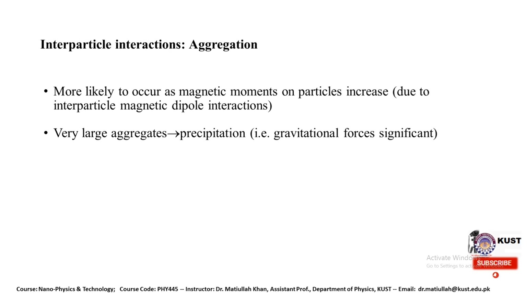The more likely there is interparticle interaction, that is actually called aggregation, and this is more likely to occur as the magnetic moment on the particle increases due to interparticle magnetic dipole interaction. If there are very large aggregates leading to precipitates, gravitational forces will be significantly present there.